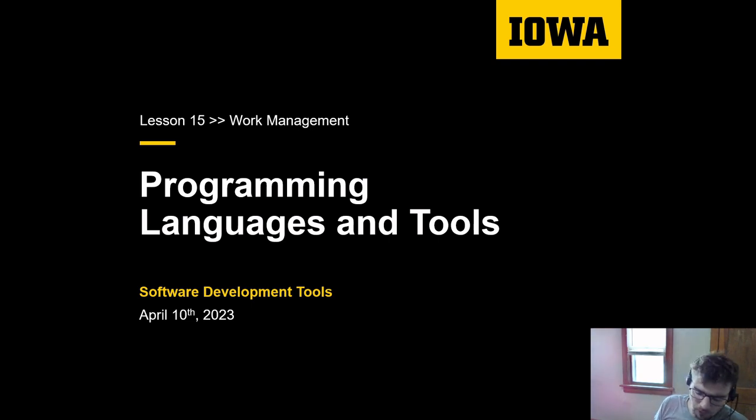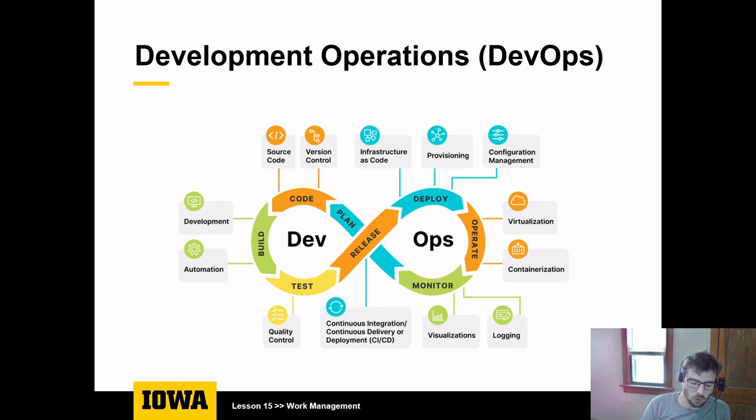upload to YouTube. Okay, so with that, if we revisit our development operations diagram here, this lesson, or lesson 15, falls right here in the plan phase of the DevOps lifecycle. So that's what we're talking about.